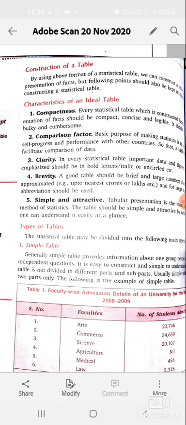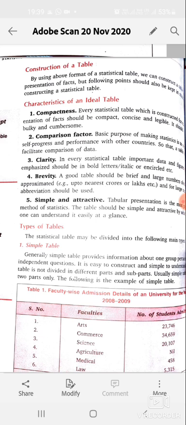Now another one is brevity. Brevity here means the table should be in brief, and approximate data should be shown, just like in crores. If we write 1 lakh, we have to write 1 and 5 zeros.